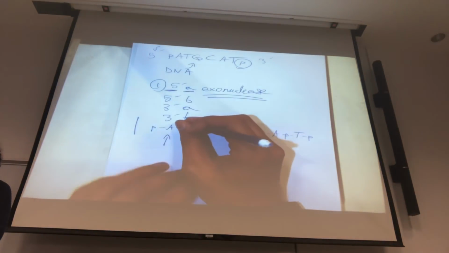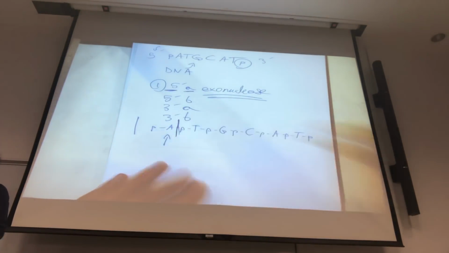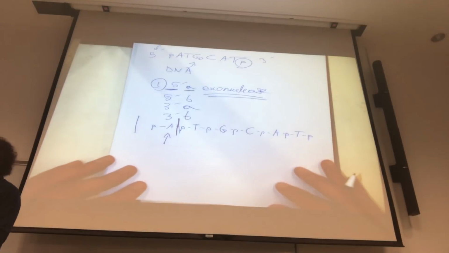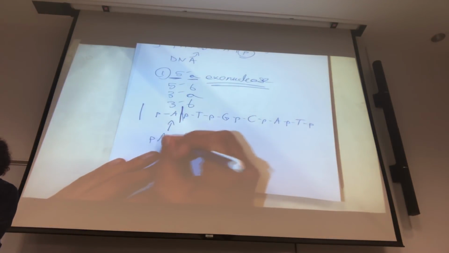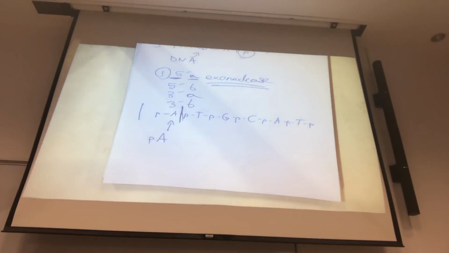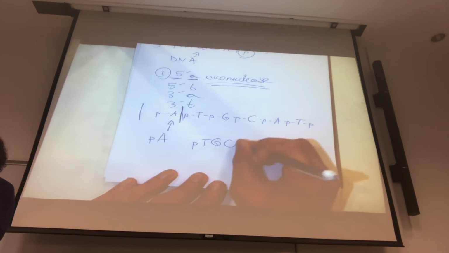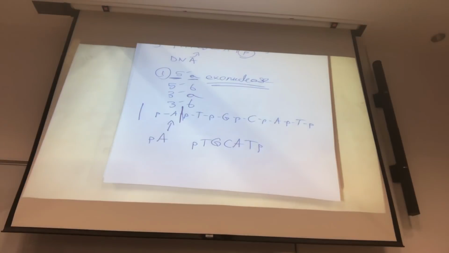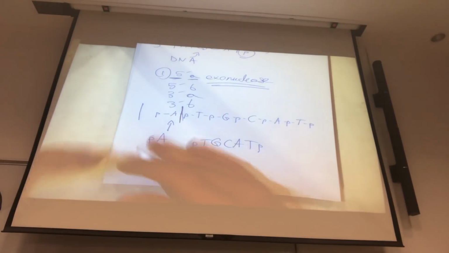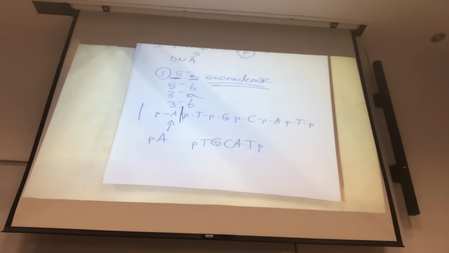But if I cut before this phosphate, I will have removed this thing. Basically, the fragments we're going to get are A with a phosphate there, and the other fragment there.